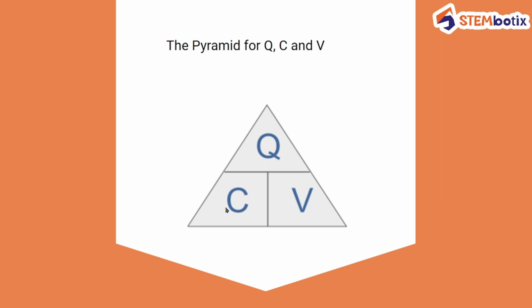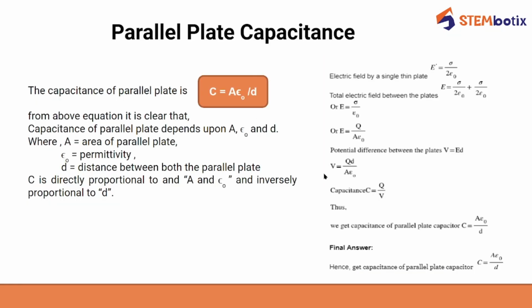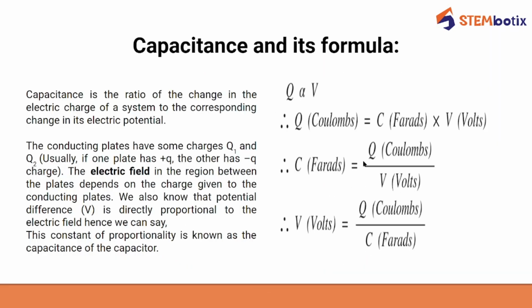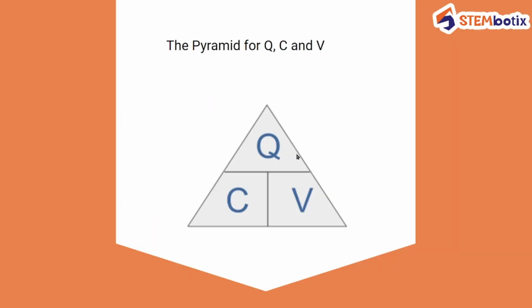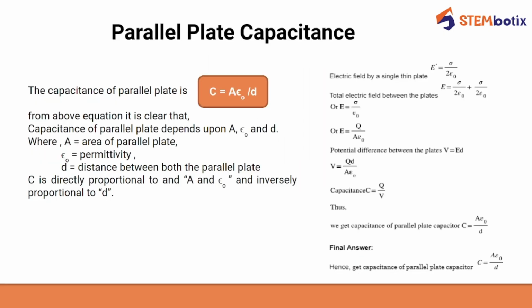So C is equal to Q divided by V. You can also see the charge Q is equal to C times V. Q is equal to C into V. Also V is equal to Q divided by C, or C capacitance is equal to Q by V. So this is how it represents the pyramid of Q, C and V.